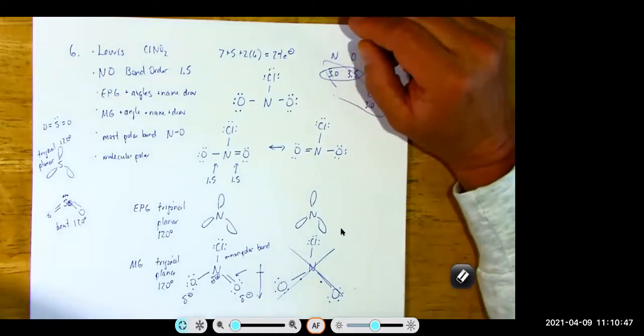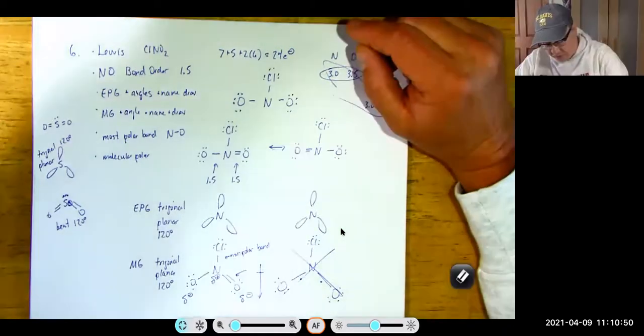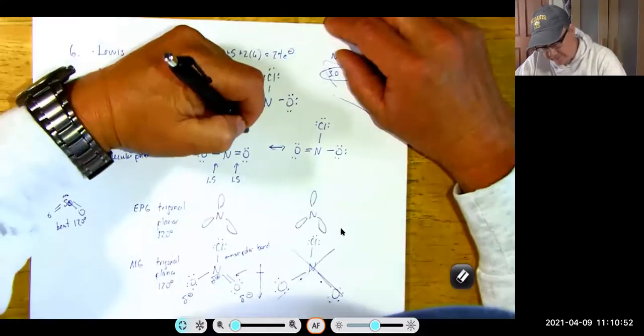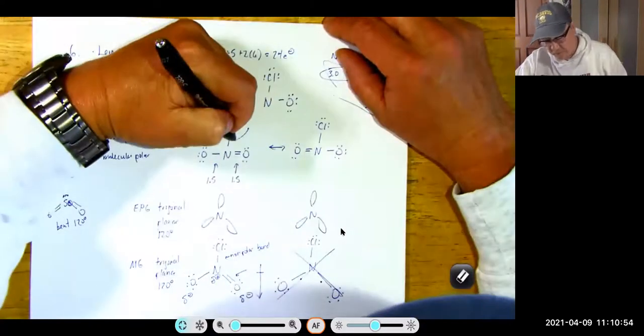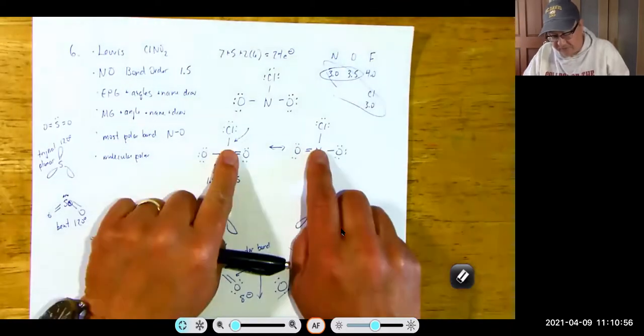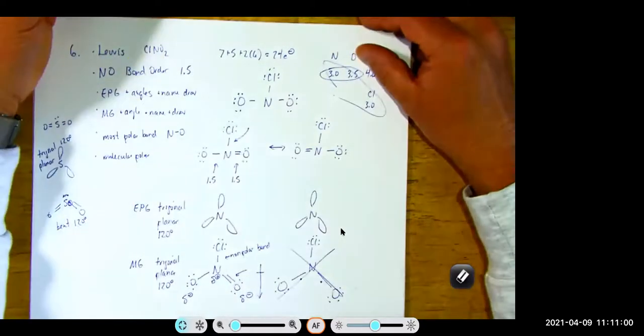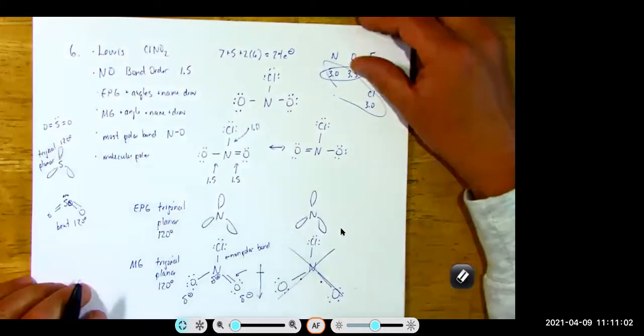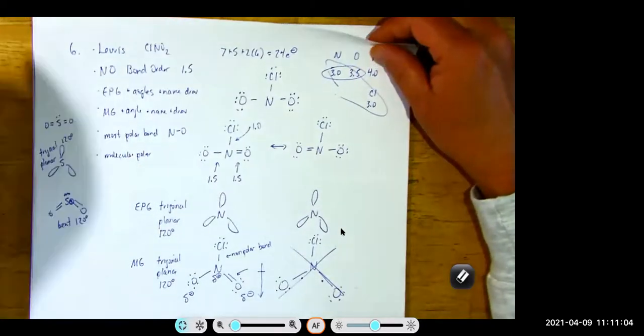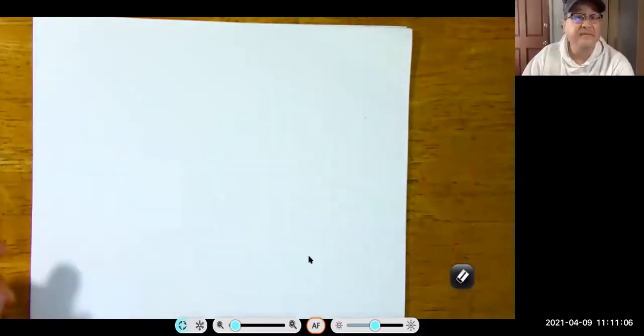What's the bond order here? Well, we have to average it. So what is it? Just one.